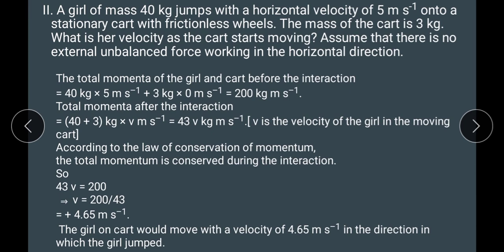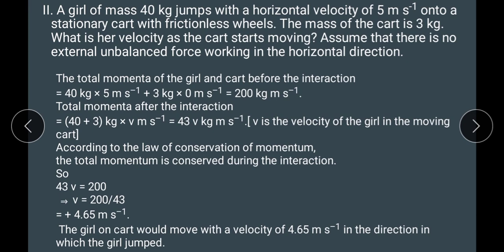The total momentum after the interaction is (40 plus 3), because this is the total mass of the girl and the cart, into v meter per second. This v, as we know, is the velocity of the girl on the moving cart. It gives us 43v kg meter per second. Now we will use the law of conservation of momentum.